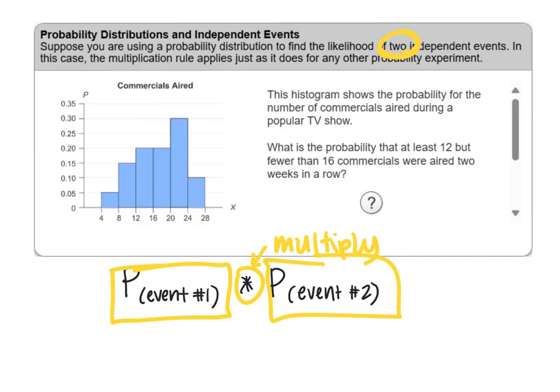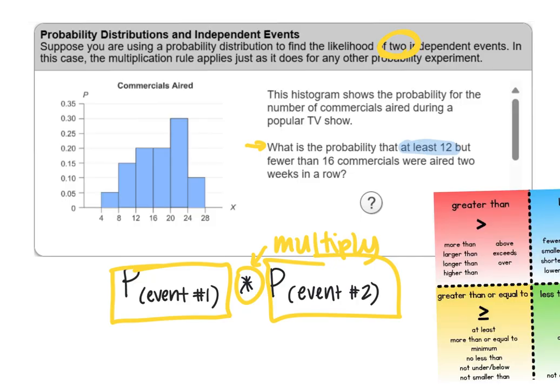So for example here, we're looking for what is the probability that at least 12, but fewer than 16 commercials were aired 2 weeks in a row. So dissecting this a bit, at least 12, that phrase at least, means that it can be 12 or greater than 12. So looking over here at our histogram, I am going to take a look at where my 12 is.